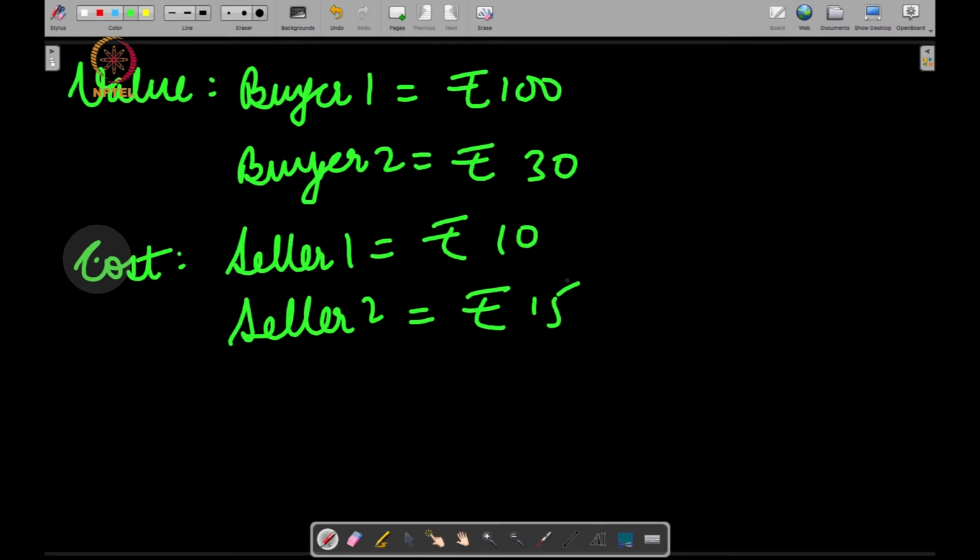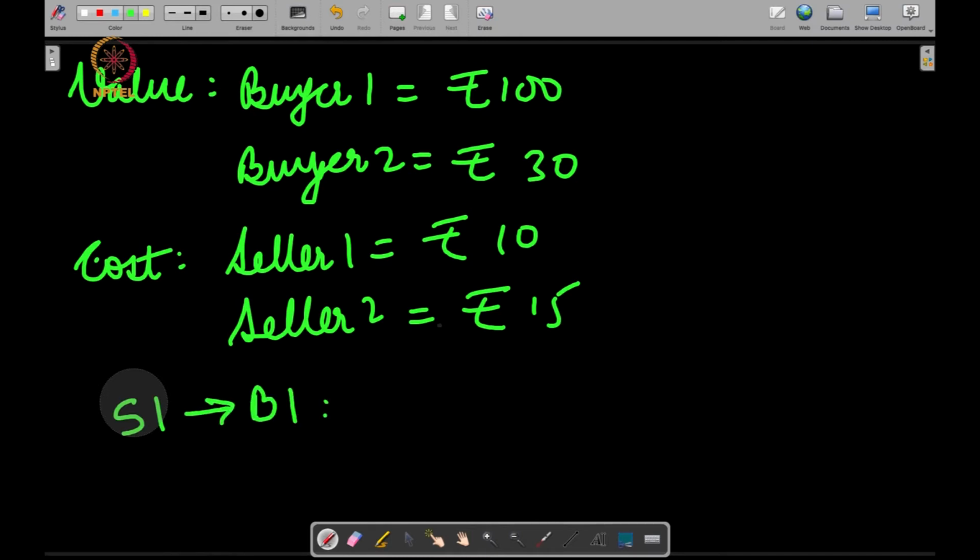Now in this case, if the good goes to buyer 1 and comes from seller 1, what we are saying is the good is going from seller 1 to buyer 1.